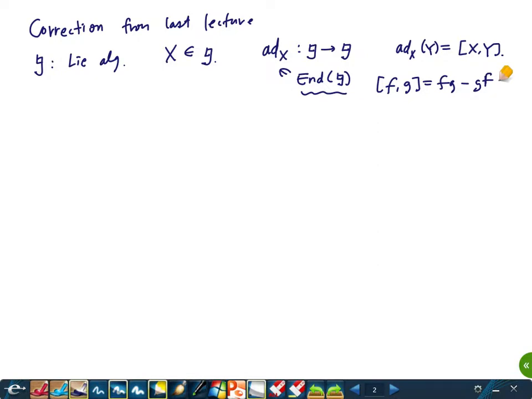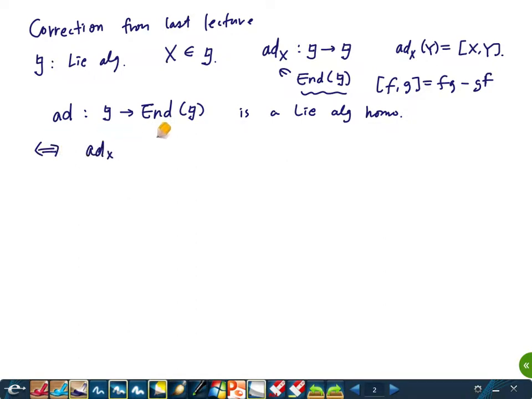So last time I wrote, so ad is what? Once X is given, we get an endomorphism of G. So it's a map from the Lie algebra G to endomorphism of G, which is also a Lie algebra. So this is a map from Lie algebra to Lie algebra. It turns out that this is a Lie algebra homomorphism. And I think I wrote something like this.